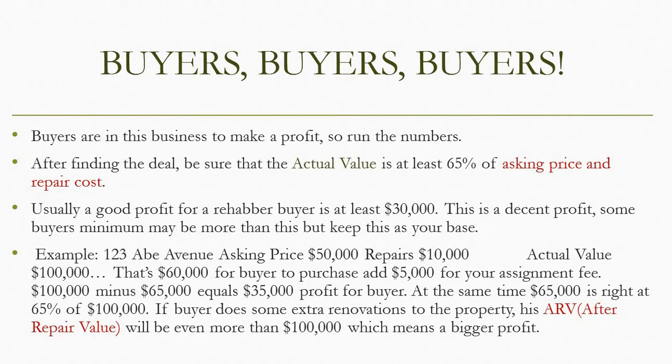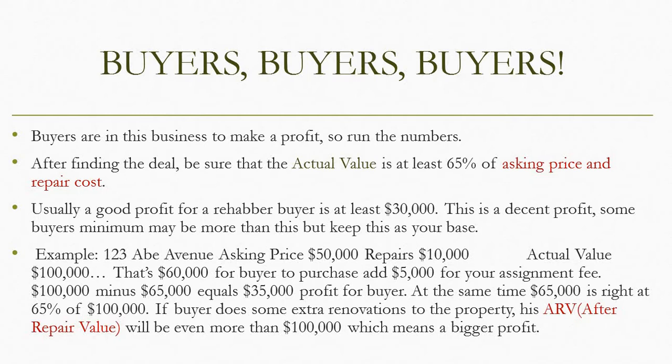So, your buyers are in the business to make a profit. They pay everybody, like I said. So run your numbers. I'm not going to go through all of this slide. So I would say just read this, rewind it if you got to. 65% is a good number.